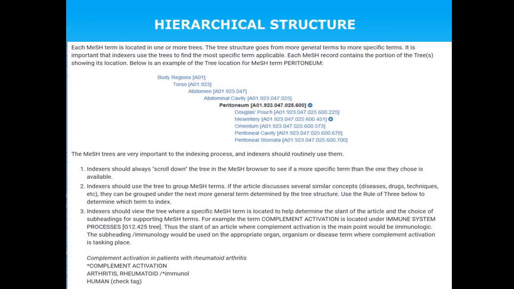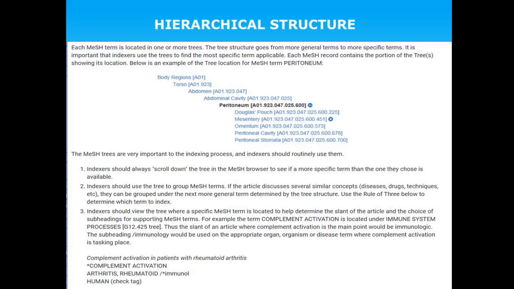The tree structure goes from general to specific, like human, male, female. It is important that the indexer uses the trees to find the most specific term applicable, rather than being general. Each MeSH record contains a portion of the tree showing its location. Below is an example of the tree location for the MeSH term peritoneum. Peritoneum is a membrane that lines the abdominal cavity.